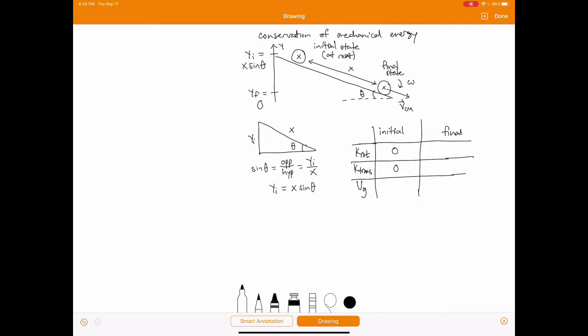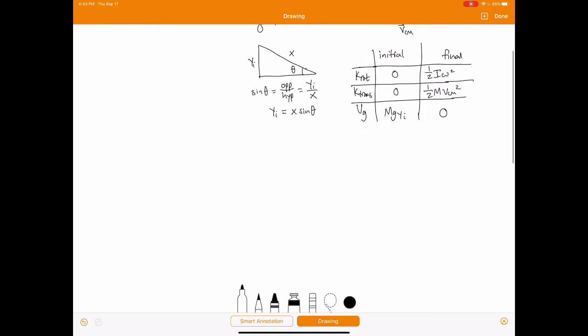Just put zeros there. Then we have mg y initial for the gravitational potential energy. In the final state, we end up with no gravitational potential energy. That would be 0, just because y final is equal to 0. Then for rotation, the kinetic energy is given by 1/2 I omega squared, and the translational kinetic energy is given by 1/2 m VCM squared. Okay.